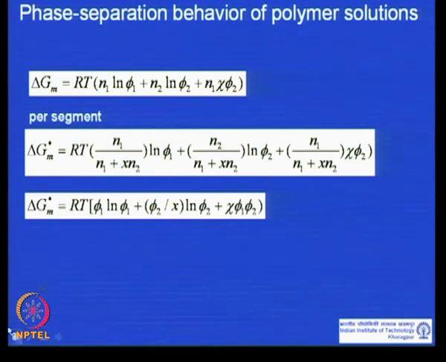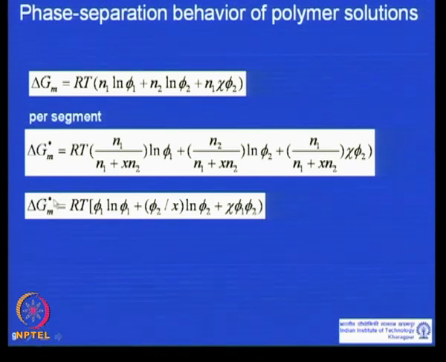Now, this gives how the Gibbs free energy of mixing per segment varies with one of the compositions. In this case phi 2, since phi 1 can be converted to phi 2 easily.